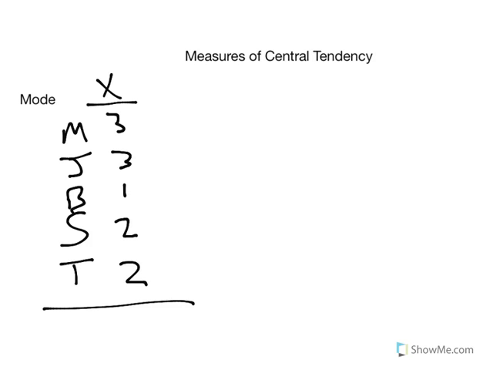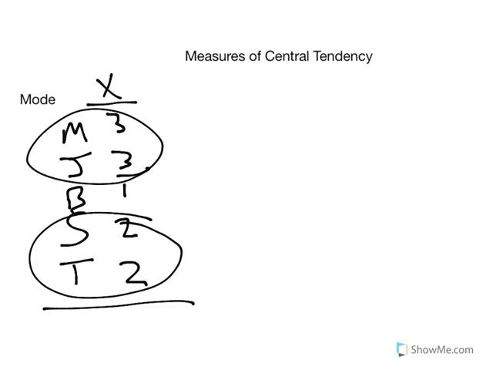Well, the answer is 2 scores are: 3 and 2. So what do we do here? Well, we would probably say that there are actually 2 modes, 3 and 2.